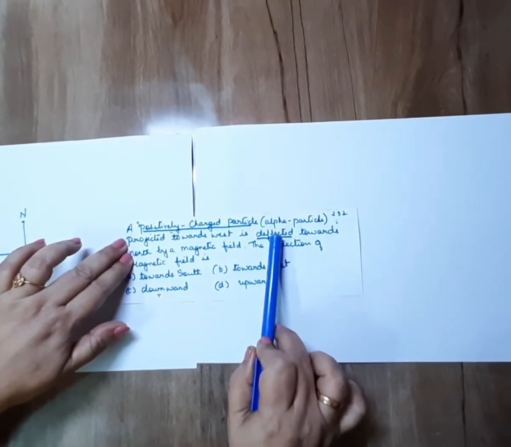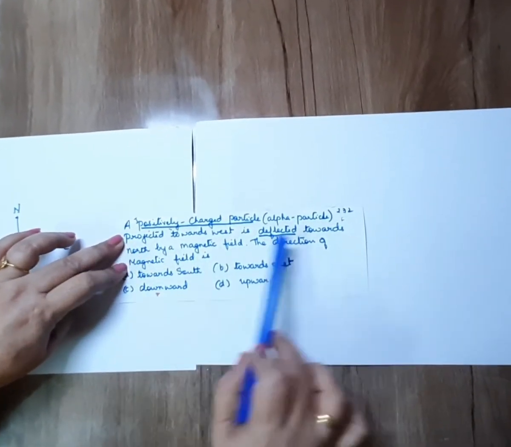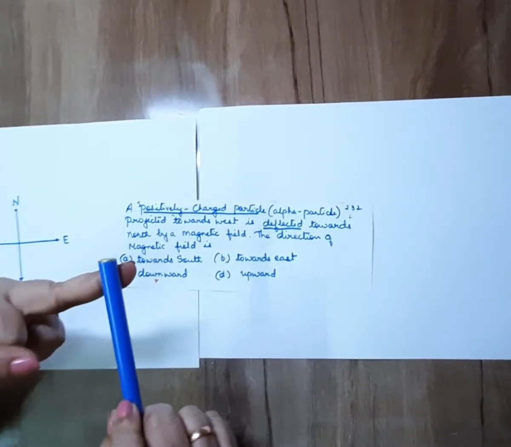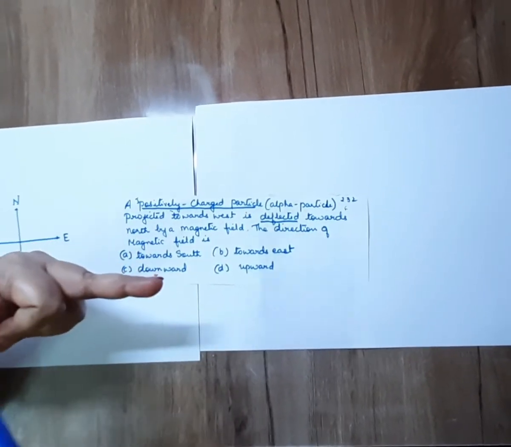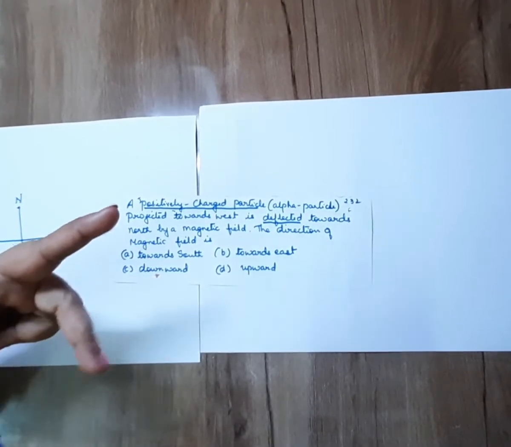The word deflected tells you that the particle is experiencing a force, which is towards north. We need to find out the magnetic field.